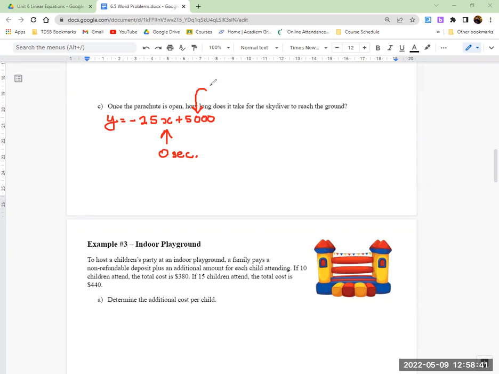So this basically says I pulled the parachute at 5,000 feet. That's where I start. Now, with that said, once it's open, how long, in other words, what's my time, does it take for the skydiver to reach the ground? Well, that means my altitude is 0. What they're asking for is, what is X if my Y is 0?